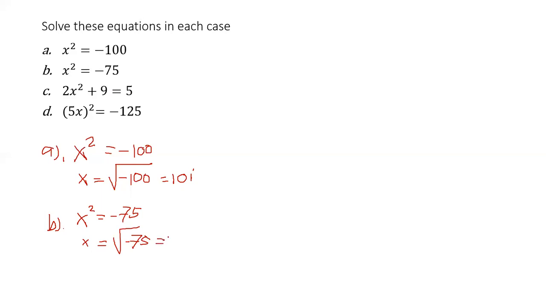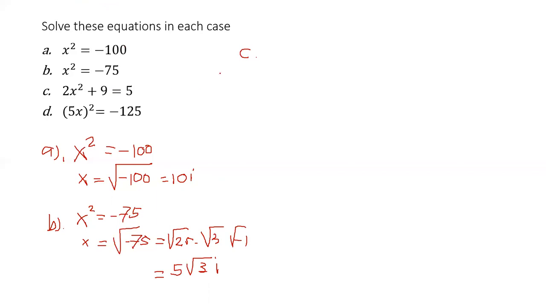Or negative 25 times negative 3, I mean square root of 25 times square root of negative 3, or 3 and negative 1 times negative 1 like this. And it's going to be 5 square root of 3 i, like this.